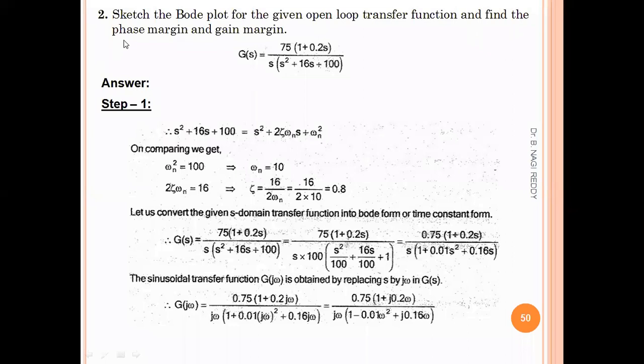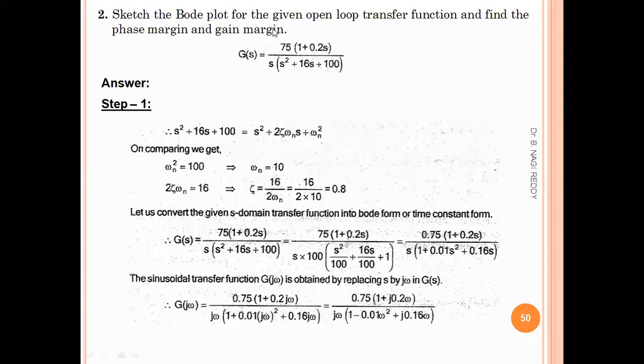And also we need to find the phase margin and gain margin. We have to calculate the phase margin and gain margin with the help of the Bode plot. So while doing the Bode plots, the first step is we need to convert the S domain function into j omega.